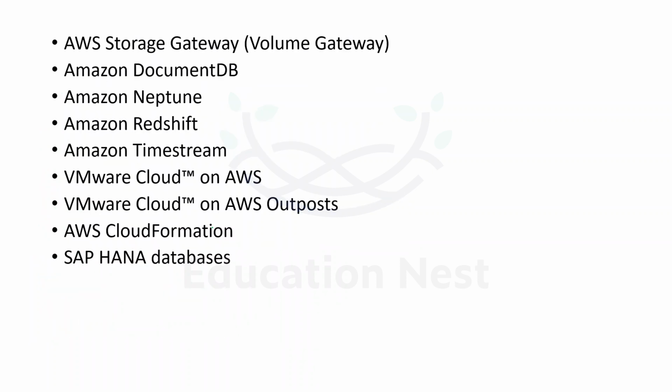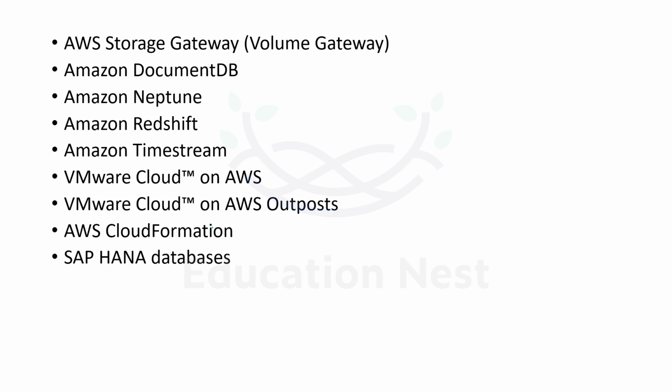Other services are Storage Gateway, DocumentDB, Neptune, Redshift, Timestream, VMware Cloud on AWS, VMware Cloud on AWS Outposts, AWS CloudFormation, and SAP HANA. Mostly all of them support cross-region and cross-account backup.